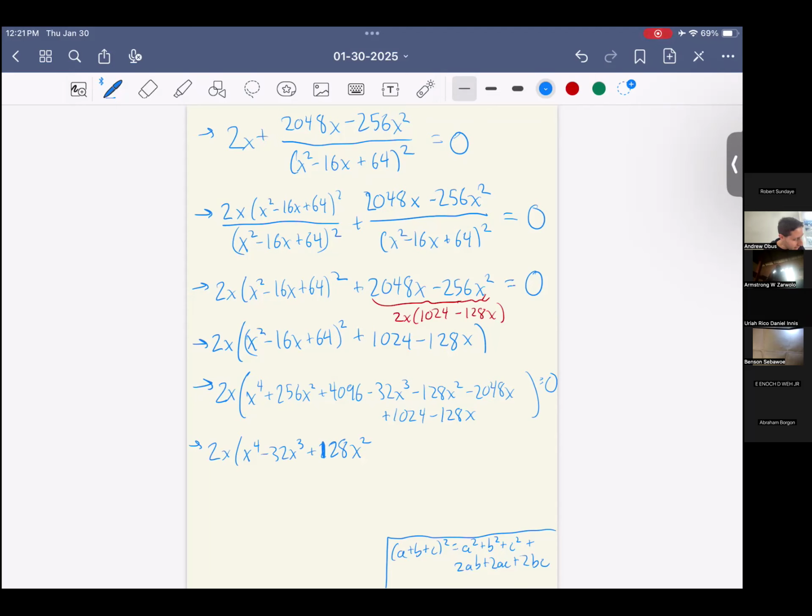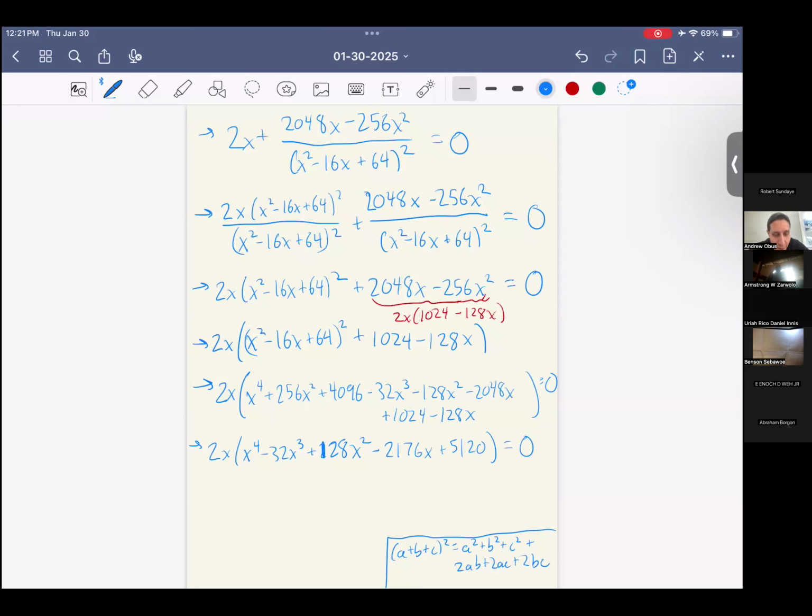And then what's with the x's? We have minus 2048 and then minus another 128, so that's minus 2176x. And then plus 4096 plus 1024 is going to be plus 5120, right, equals 0.